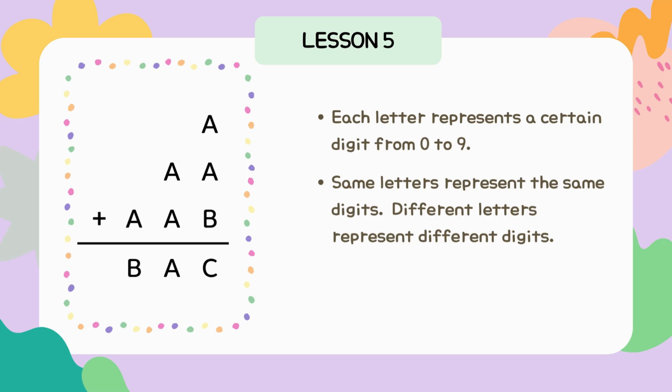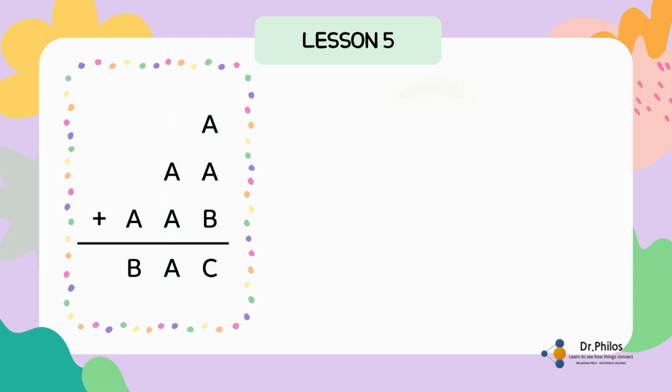Today, let's look at the problem and share our ideas right away. Where should we start observing? From the hundreds place, to the tens place, and then to the ones place. Can you explain what you observed in the hundreds place, along with your reason?